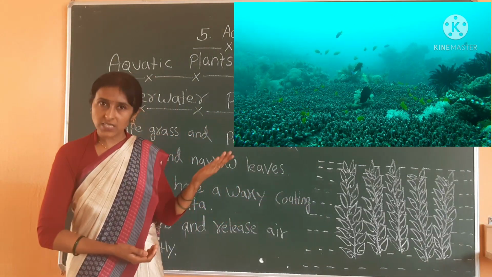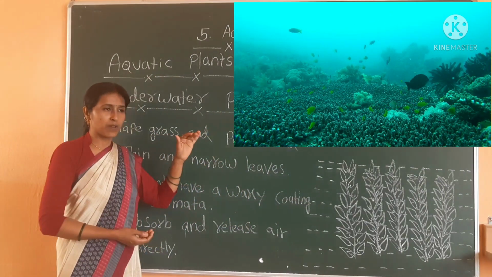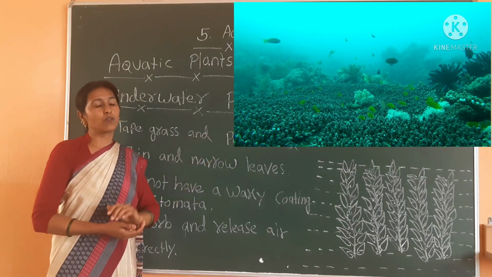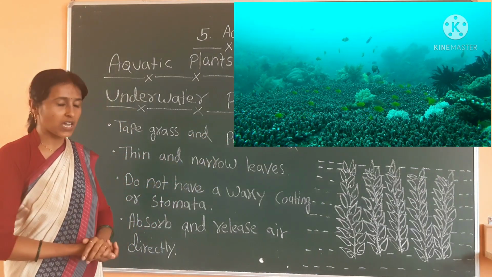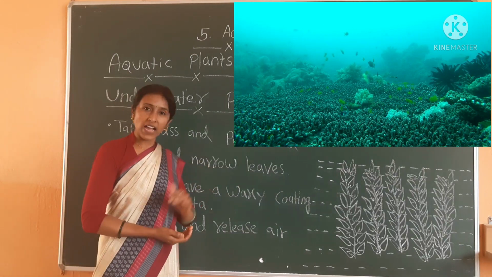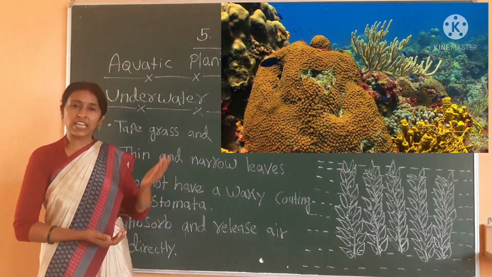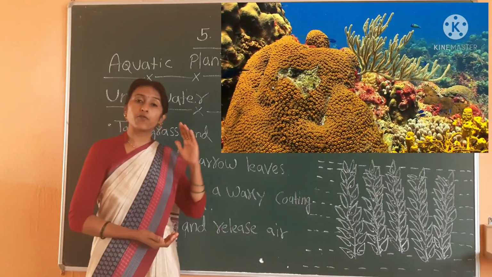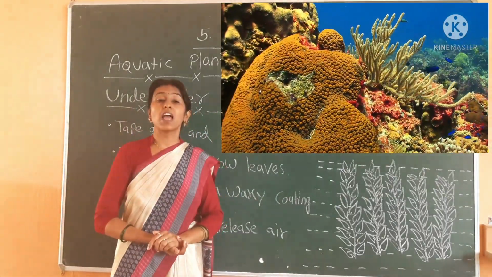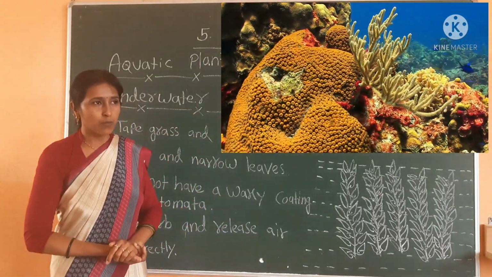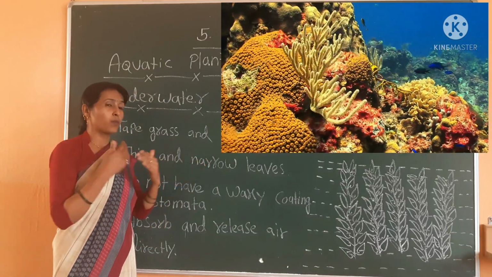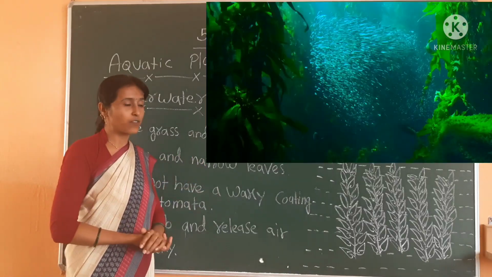But lotus, which is a floating or fixed plant, has a waxy coat on its leaves, as do the plants which are found on mountains. They also have the waxy coat for protection from snow and water.